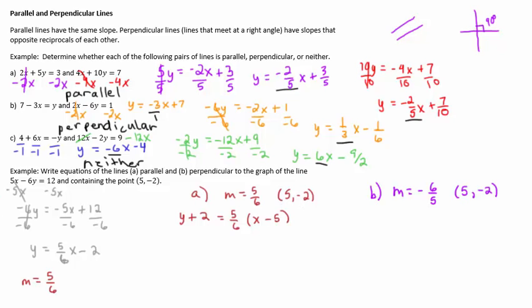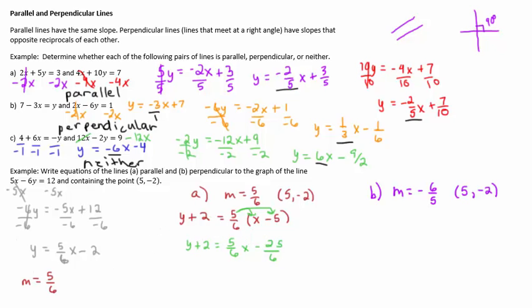We can simplify that. It's not going to be particularly pretty. There's going to be fractions involved. So you distribute right here first. Get 5/6 x, and that'll be negative 25/6 because you multiply the 5's together and then the denominator is 6.